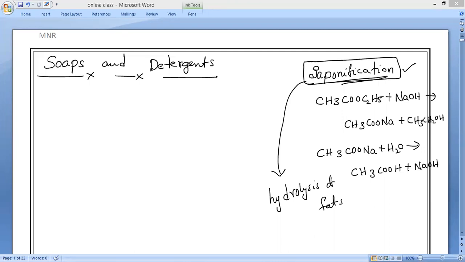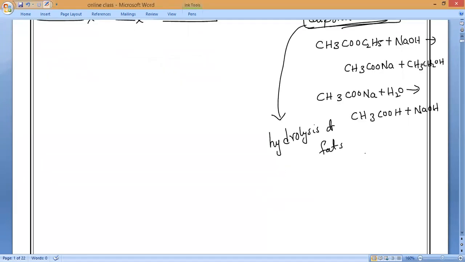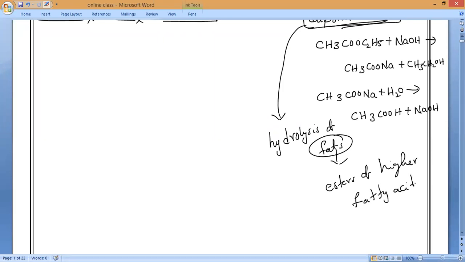That is why in the last class, you might have noticed, I taught you what soaps are. Anybody can tell me the statement? What do you mean by soaps? Soaps are the sodium or potassium salts of long chain carboxylic acids. Do you understand, everyone? Because the hydrolysis of fats, these fats are the esters of higher fatty acids. What do fatty acids mean, guys?